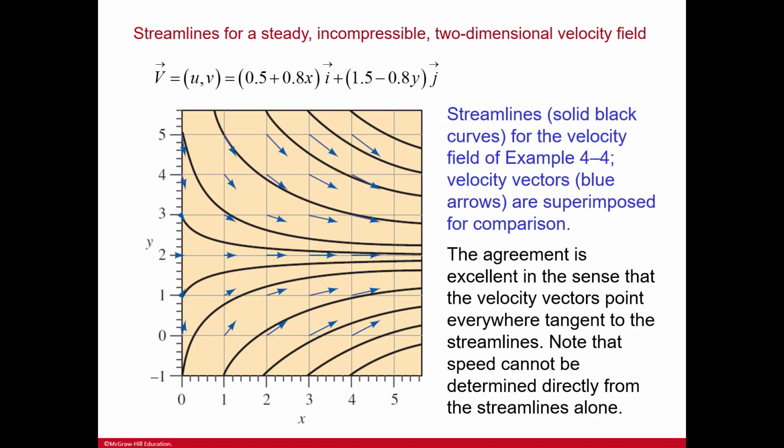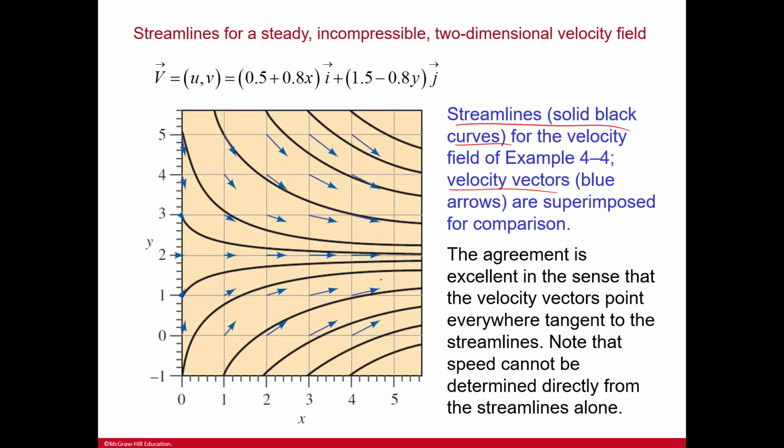So here again are streamlines in a steady, incompressible, two-dimensional velocity field. And so here you see again, solid black curves for the streamlines, and those are calculated mathematically. And then for the velocity field, the blue areas are superimposed for comparison. Okay, so that's the velocity vectors.